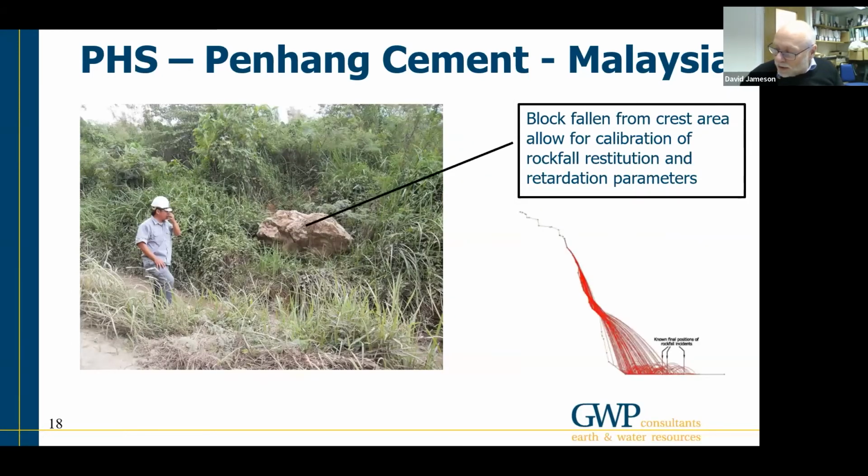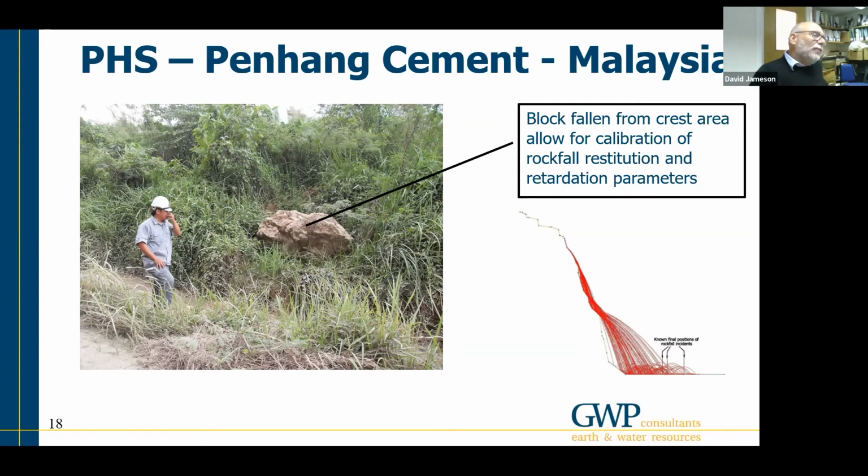And in doing it, we used a lump rock, sort of lump mass analysis, so it didn't take into account any particular rock shape. But there's been quite a number of rockfall events, as I showed earlier on, from which we could back analyze the parameters to try and get a good handle on how the energy would be absorbed as it came down the slope, assuming the blocks didn't break apart and then impact onto the bottom.